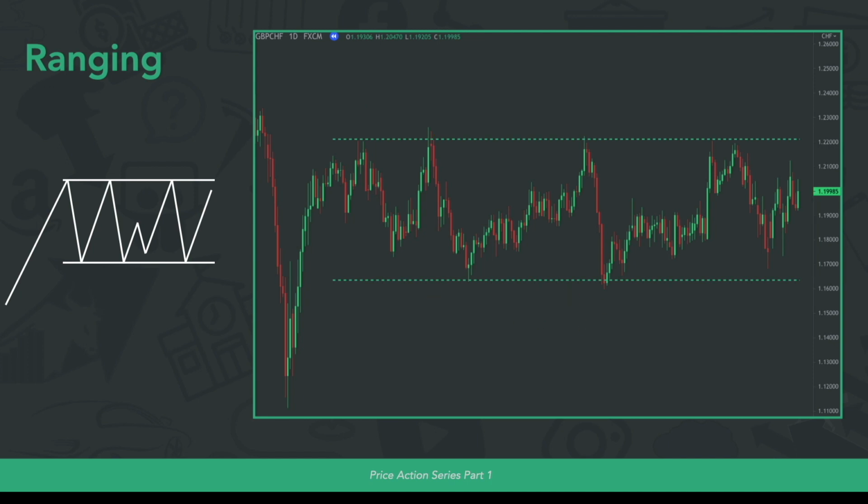So, every time na pupunta yung price dito sa high level natin, right? Nakakahanap ng sellers. So, yung mga sellers, pinupush yung price pababa and then once ma-reach itong level na to, may mga buyers naman na handang bumili para i-push yung price higher. Okay? So, at this point, nasa sideways market tayo.